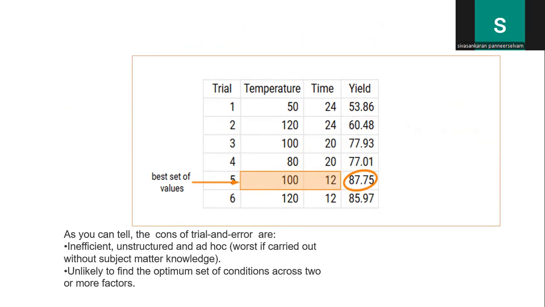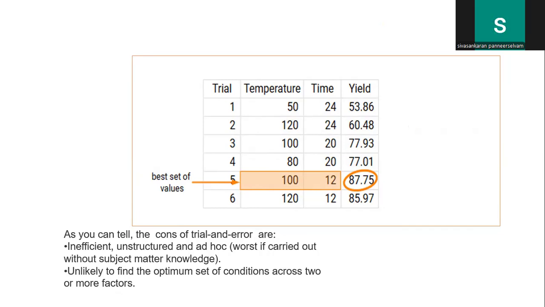From this, we want to find out the best combination of values. From here, we can identify that trial number 5 gives the best, optimum value, for a given temperature of 100 degrees centigrade and a 12 minute time period. So we are able to obtain the output yield of this particular heat treatment process.